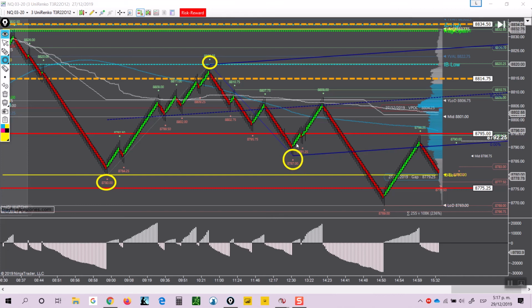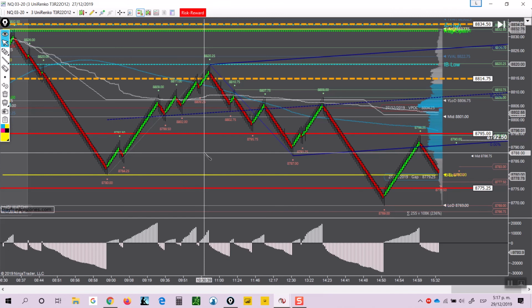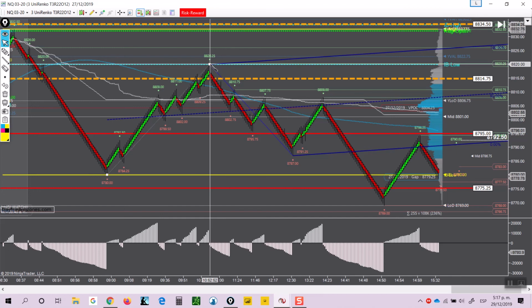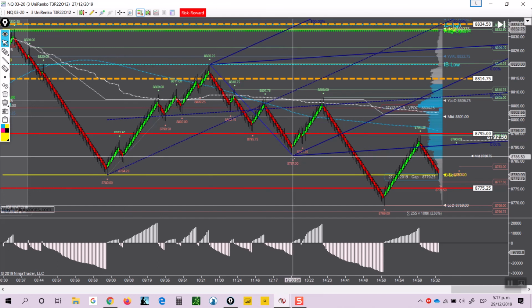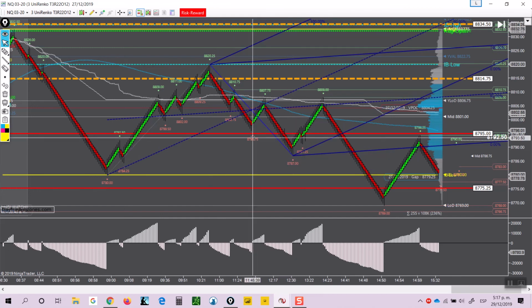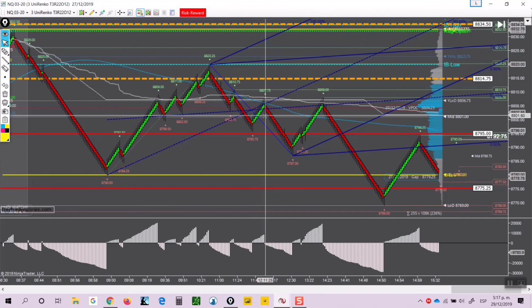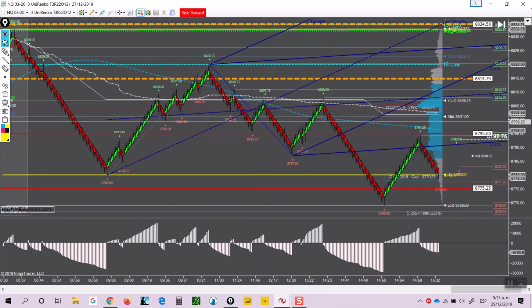Now when price goes back up, take a look at where it stalls, right in the midline. So that's the beauty of the Pitchfork, and I can draw a standard Pitchfork using the same levels. See that? So you can draw your shift and your standard Pitchforks to help you out with this.